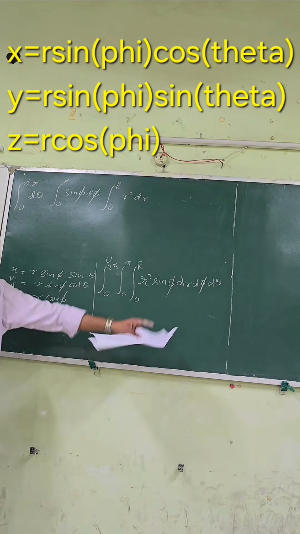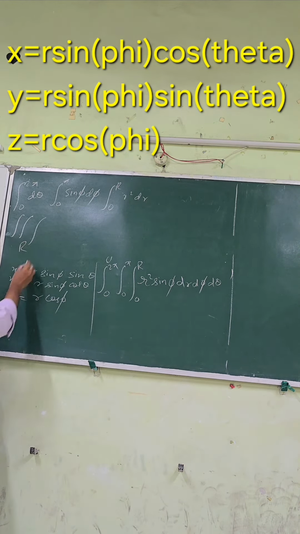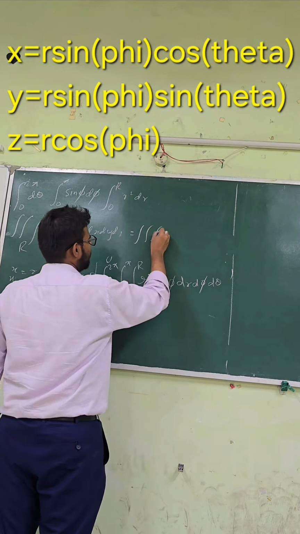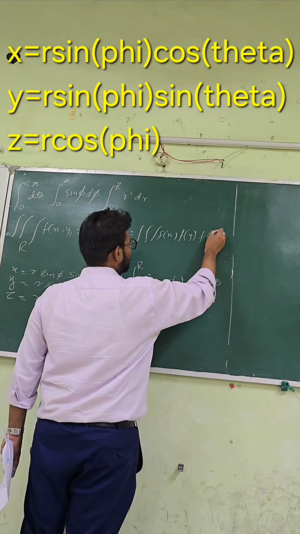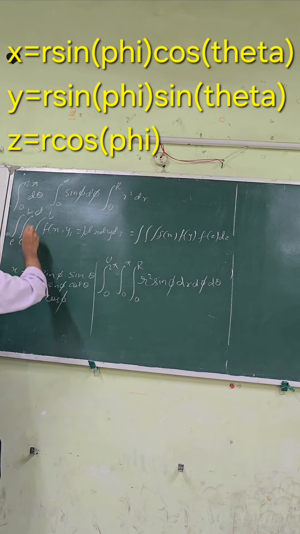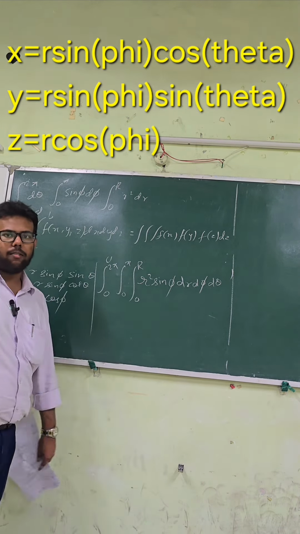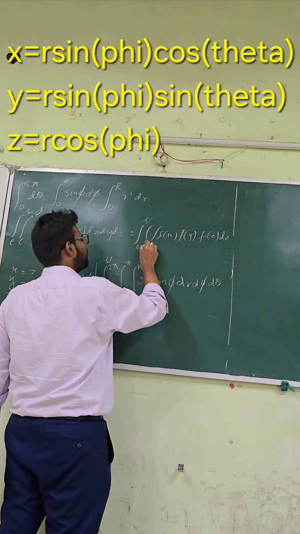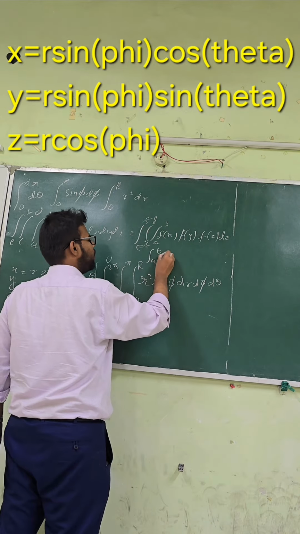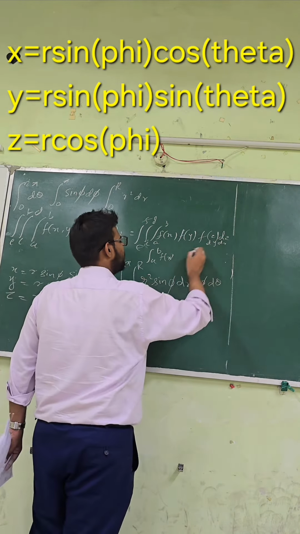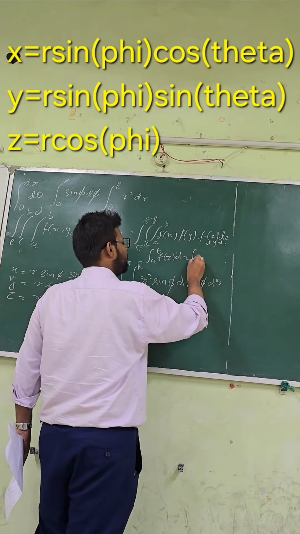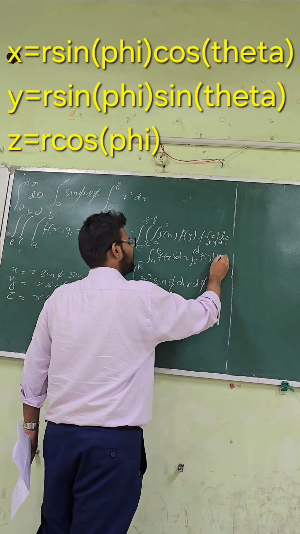You know that if the function is like this, f of x y z dx dy dz, is equal to the integral of f(x) f(y) f(z), and the limits are defined a to b, c to d, e to f, and they're independent limits, not dependent upon any variable, you can break it like this: integral a to b f(x) dx multiplied by c to d f(y) dy, and so on, right?